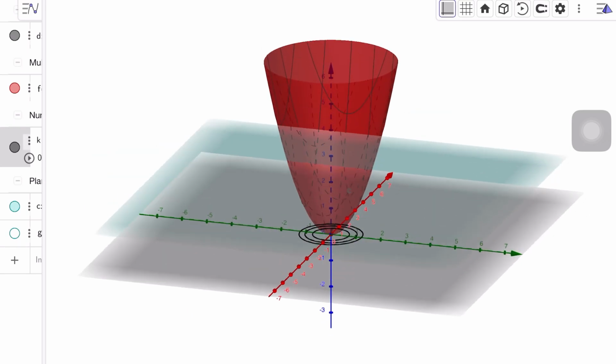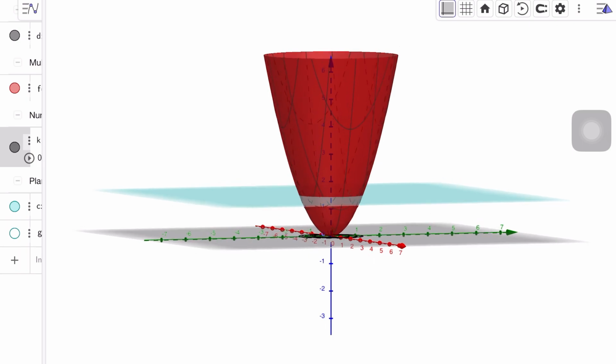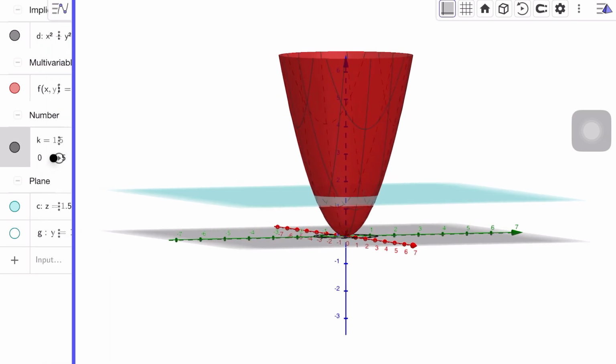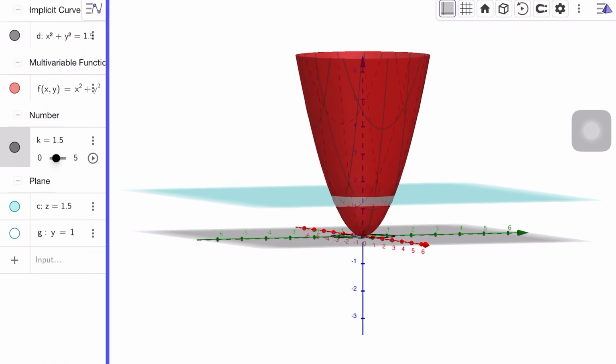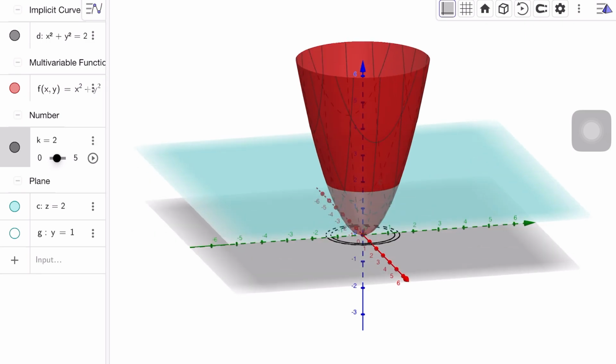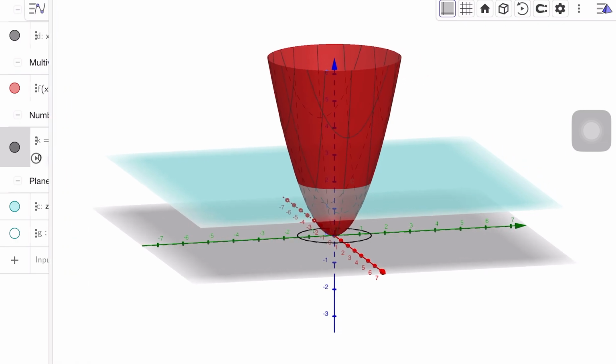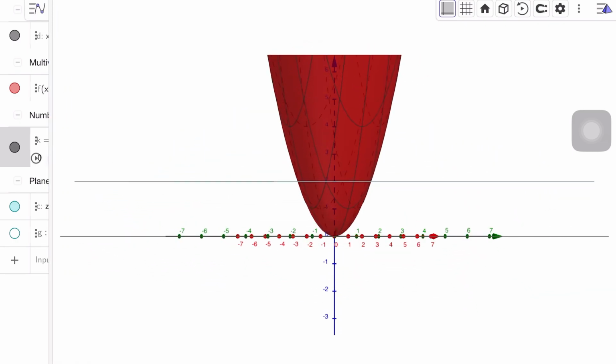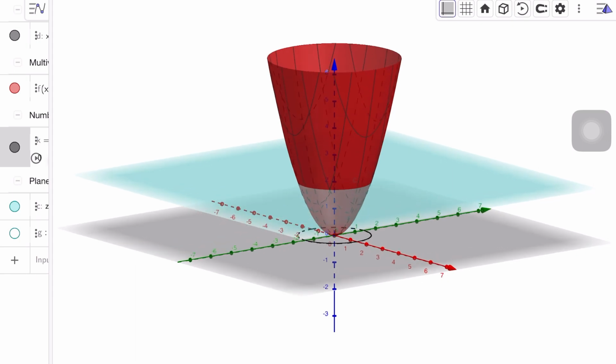Okay, so say this one, when the value of c is equal to 1.5, when the value is 2, right? So actually the level surface is this. When z equal to 2 is the plane, right?